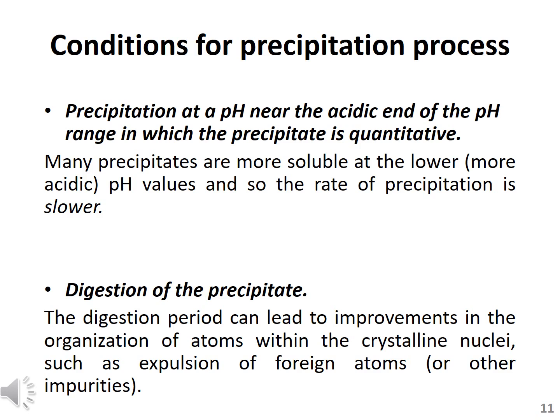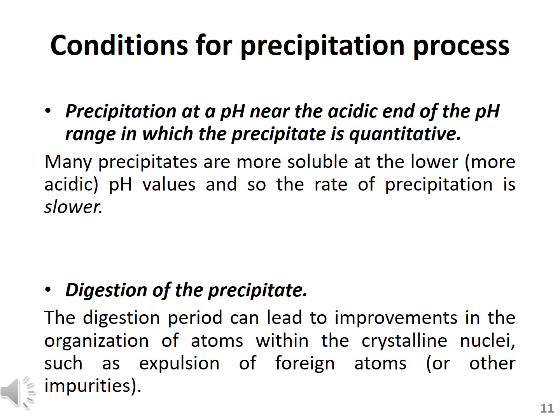Another parameter is digestion of the precipitate. Digestion depends upon the Ostwald ripening principle. As we discussed last lecture, Ostwald ripening is the deposition of the smaller particles onto the nucleus crystal of the precipitate.